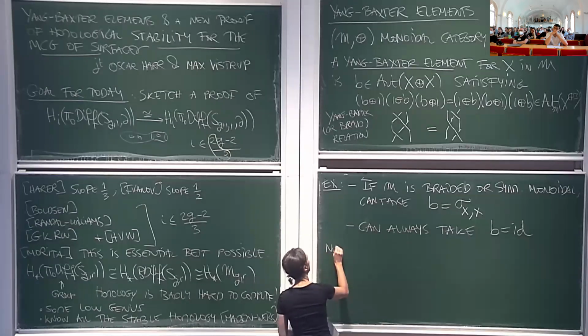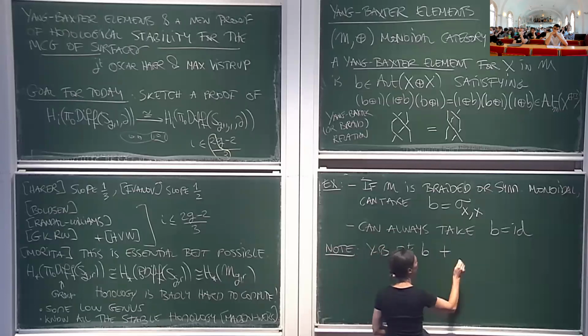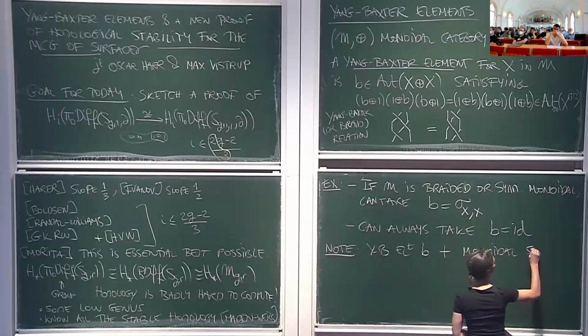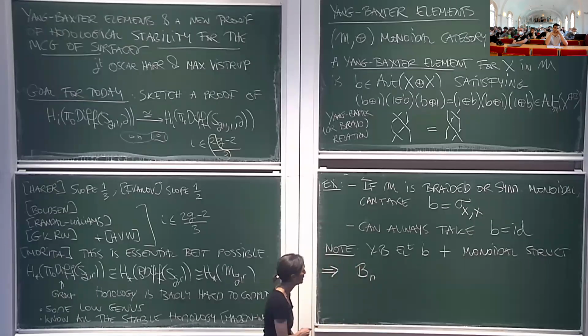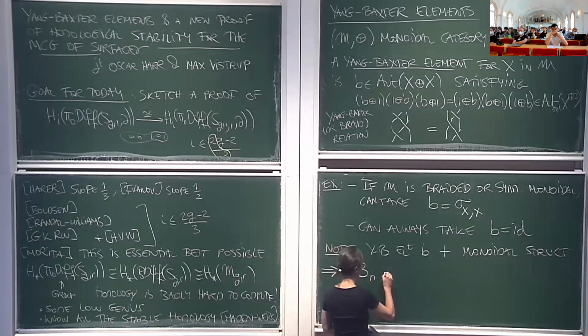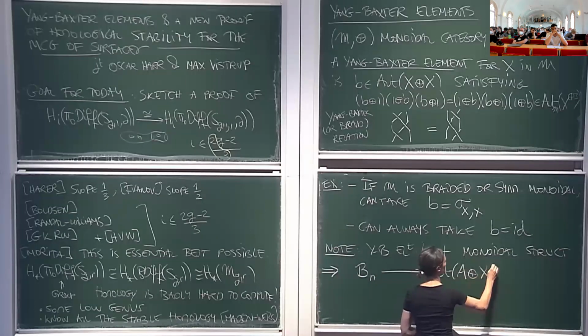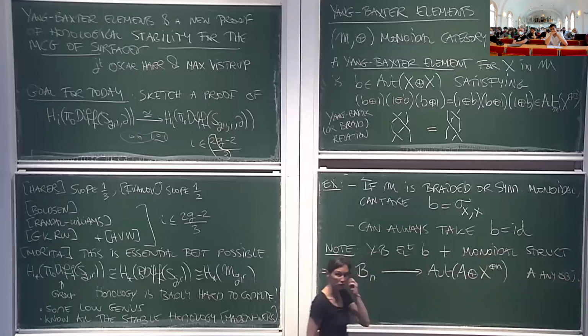What I want to note now is that if you have such a Yang-Baxter element B, and you use the fact that we have this monoidal structure, it exactly tells you that you get an induced map from the braid group on n elements to the automorphism group of A plus X plus n, where A is any other object. So you could shift everything by some object if you like.